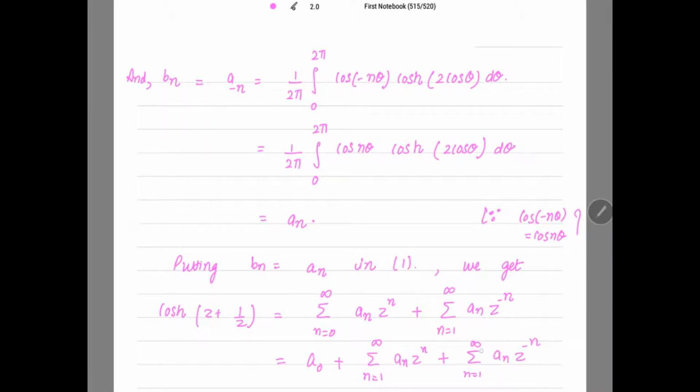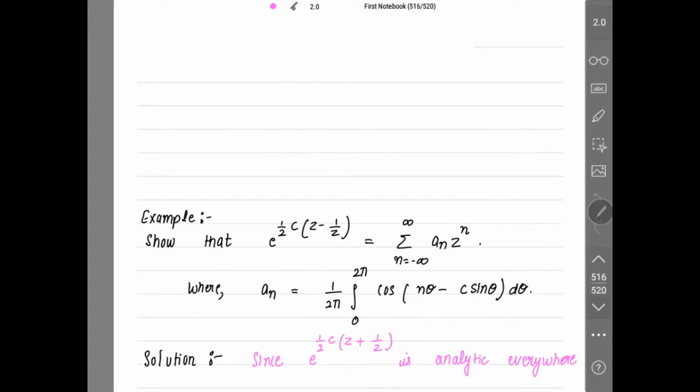I have to sum this up. So this is equal to a0 plus, taking common because the summation starts from n equal to 1, an (z to the power n plus z to the power minus n).